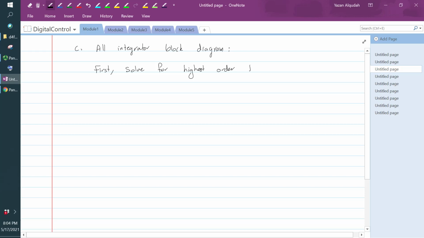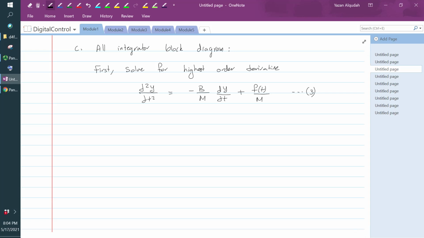In our equation above, the highest order is second order, and the second derivative d squared y by dt squared is equal to negative b over m multiplied by dy by dt plus f of t divided by m. Let's call this equation 3. So again, we solved for the highest order derivative, put it on one side, and moved all the other terms to the other side.